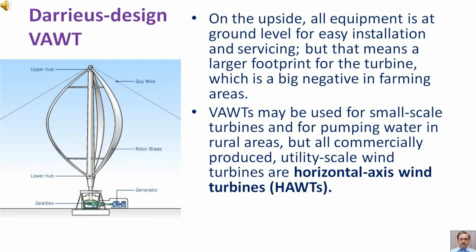VAWTs may be used for small scale turbines and for pumping water in rural areas, but all commercially produced utility scale wind turbines are horizontal axis wind turbines.